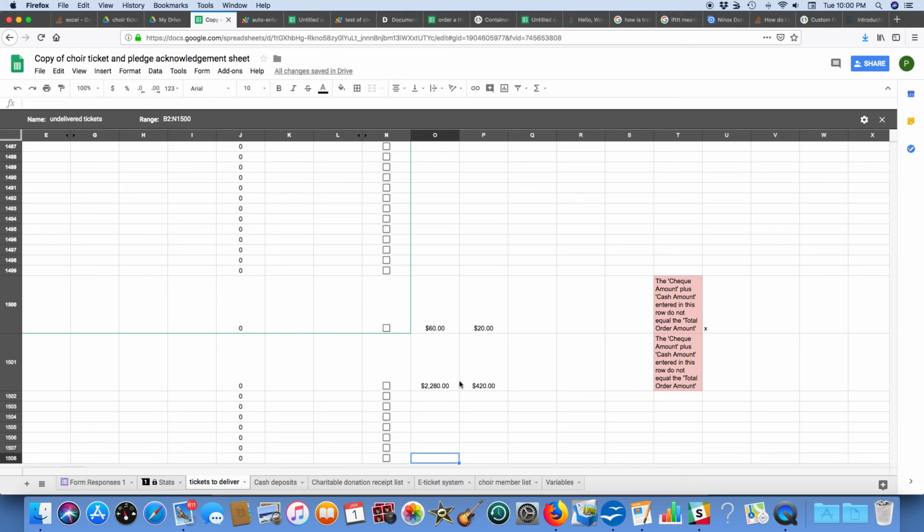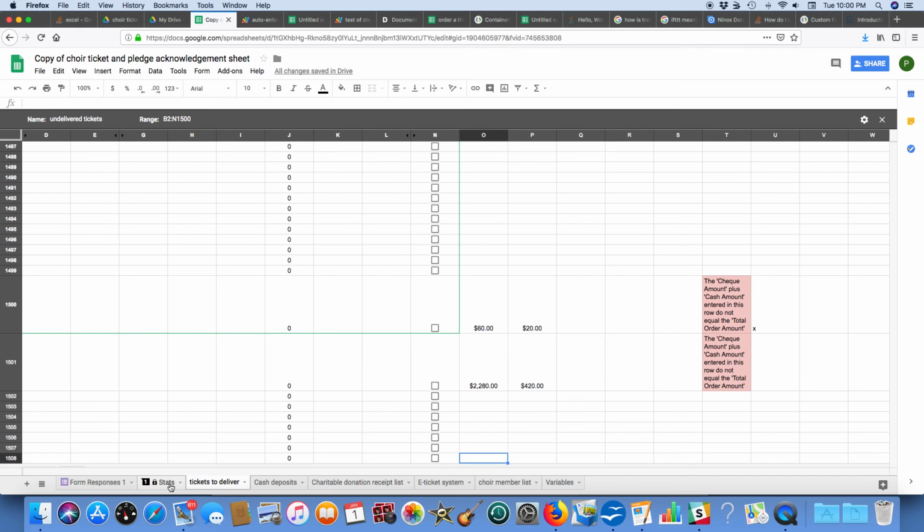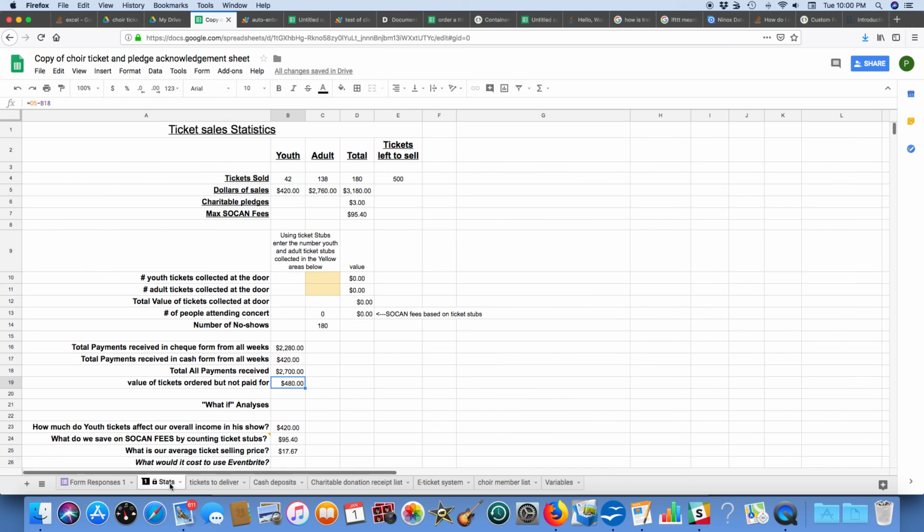I put them this far down the sheet because I didn't think we'd ever get to the point where we have 1,500 orders, but you never know. Over here, I've flowed that information into the stats sheet so that it's right there: $22.80, $420, $2,700 altogether. And people have asked for tickets but not paid for them, worth $480. I thought that was some useful math for us to keep track of.